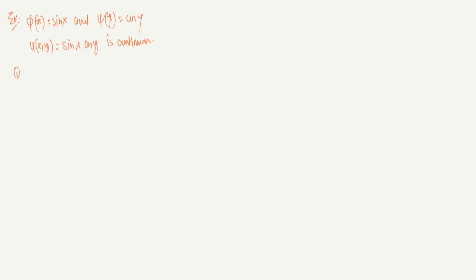Now I have some questions for you. Define u of x y as some constant a times phi of x plus b times psi of y, where a and b are constants, and phi and psi are continuous functions.